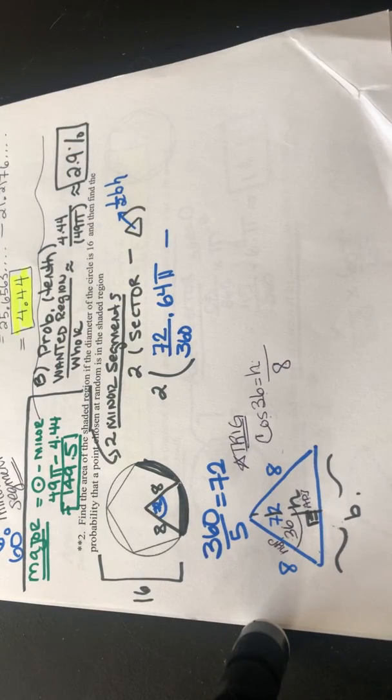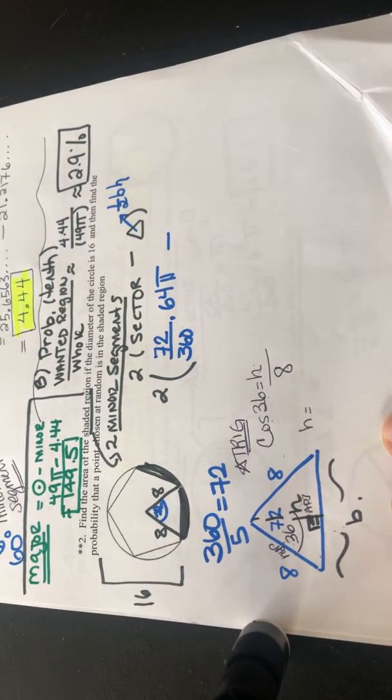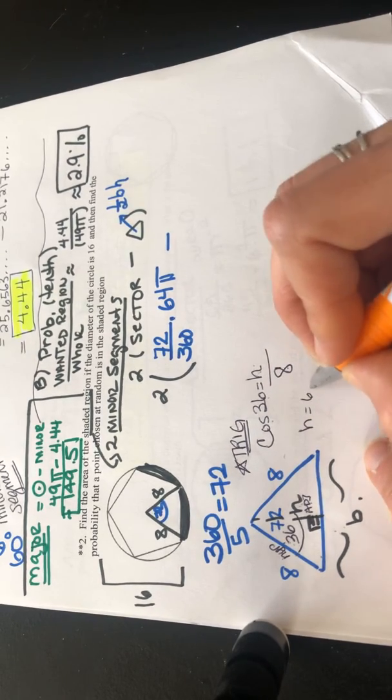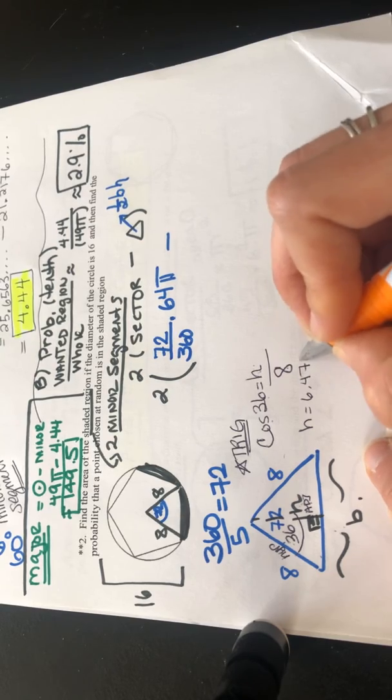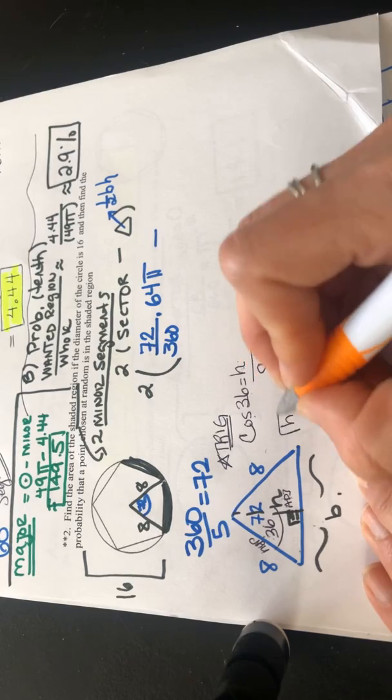Again, if I'm going fast, just slow the video down. You can pause it. So you cross multiply. Again, here's the biggest thing. This is not my final answer. So either write all the numbers down, or do not clear your calculator, or you might be off. But I found my height.